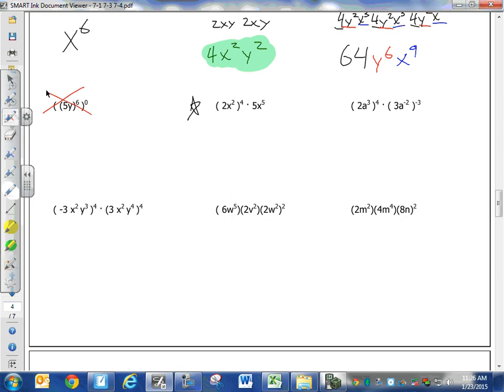Maybe try it using the rules that you think, and then maybe try it by writing everything out. If you're in doubt, write it out.